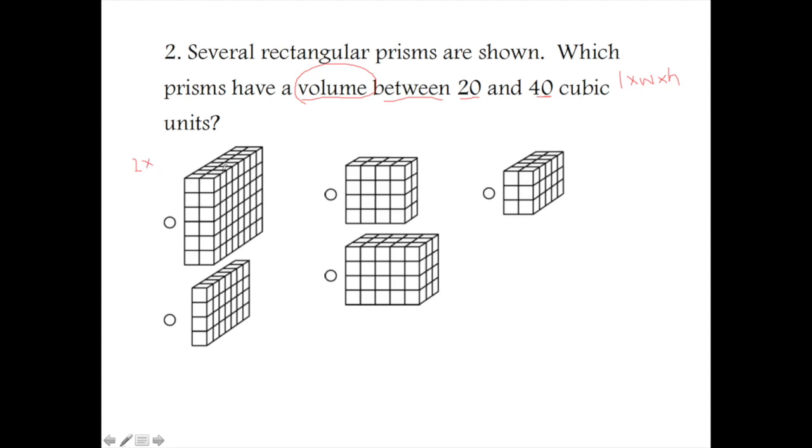All right, so for this first one, I can count and I can see that the length is 2. The width is 1, 2, 3, 4, 5, 6, 7, 8, and the height is 6.